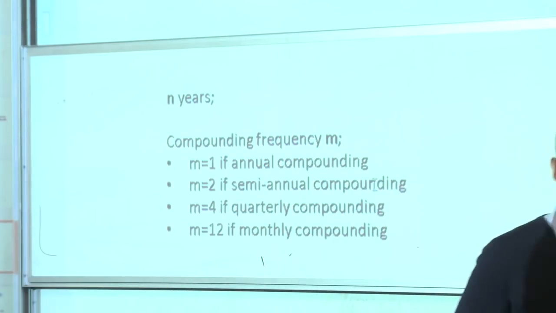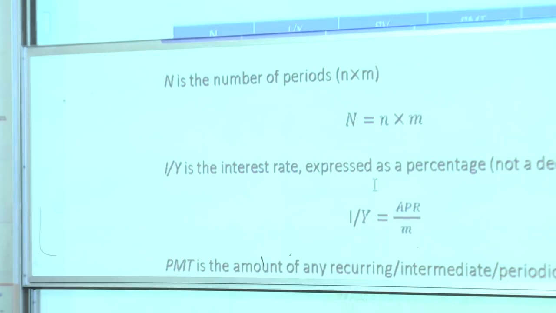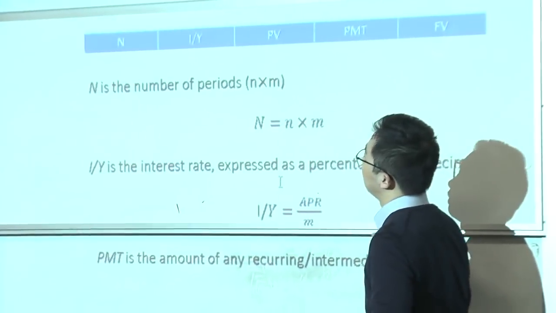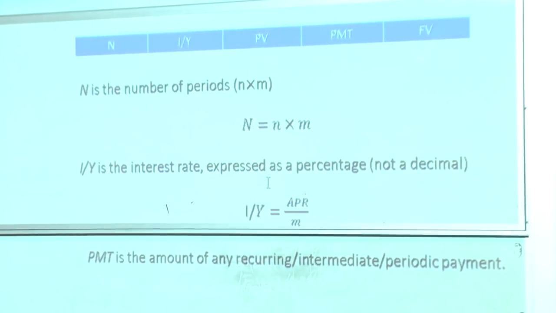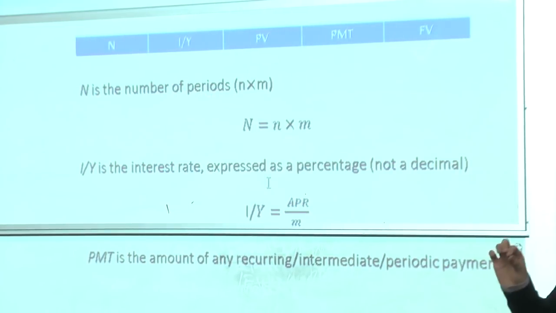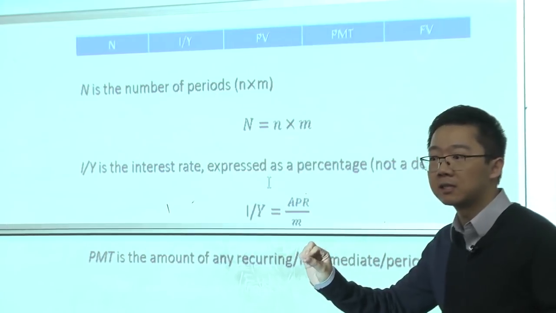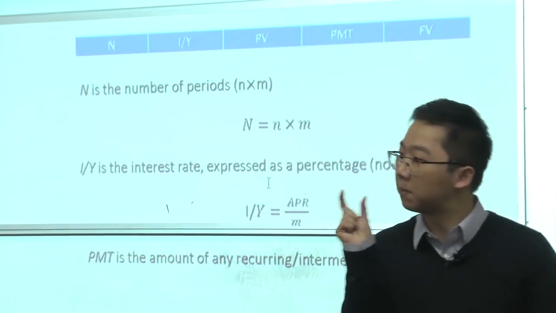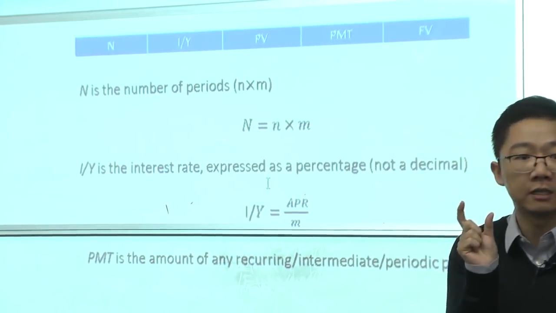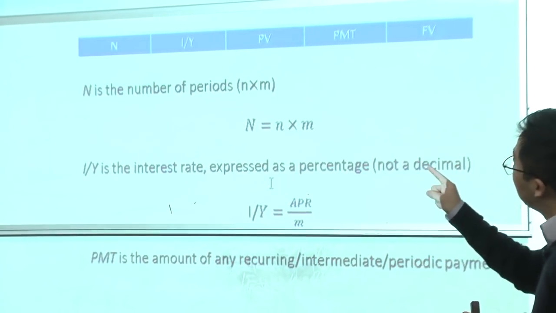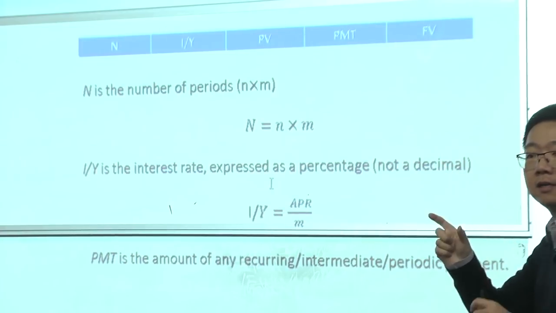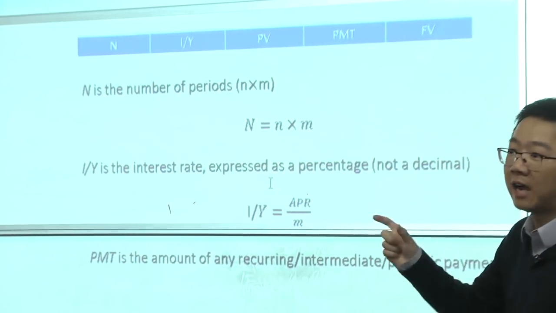Let's see how these buttons are defined. On your financial calculator, these are the 5 buttons most familiar to us: N, I/Y, PV, PMT, and FV. N is not the number of years, it's not the number of months, it's defined as the number of periods, the number of individual periods that are used to compound. Say it's a semi-annual compounding, so N should be the number of half years.